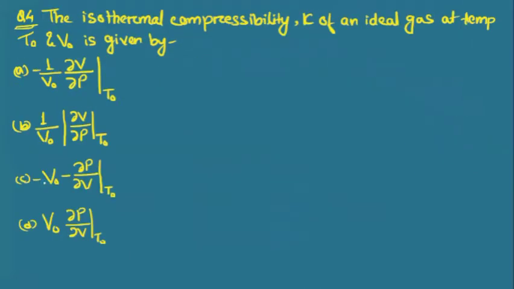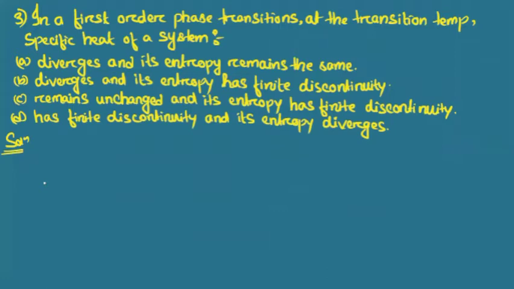Now let's see. Here it is said, in a first order phase transition, at the transition temperature, specific heat of a system. What will be the change in the specific heat? The first option is it is diverging and its entropy remains the same. Second is diverges and its entropy has finite discontinuity.